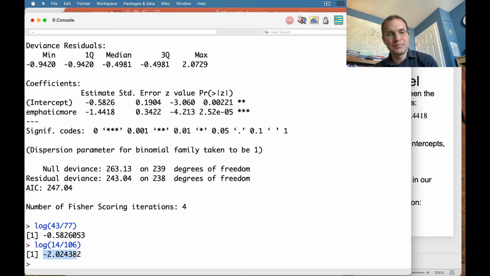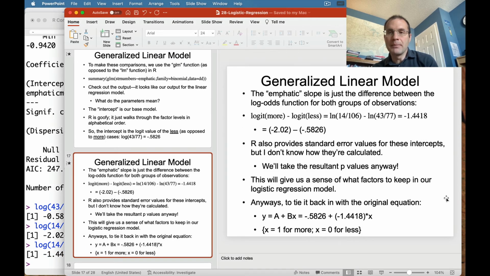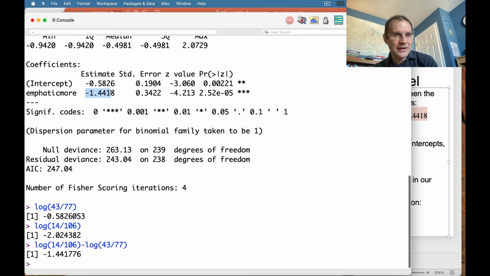So that's a more negative number. It's -2 and change. And just so you can see where the overall value comes from, if I subtract from that the log odds ratio for the less data, I get a negative 1.44. Yeah, which is what we get here, more or less, right? So that is where this number comes from.